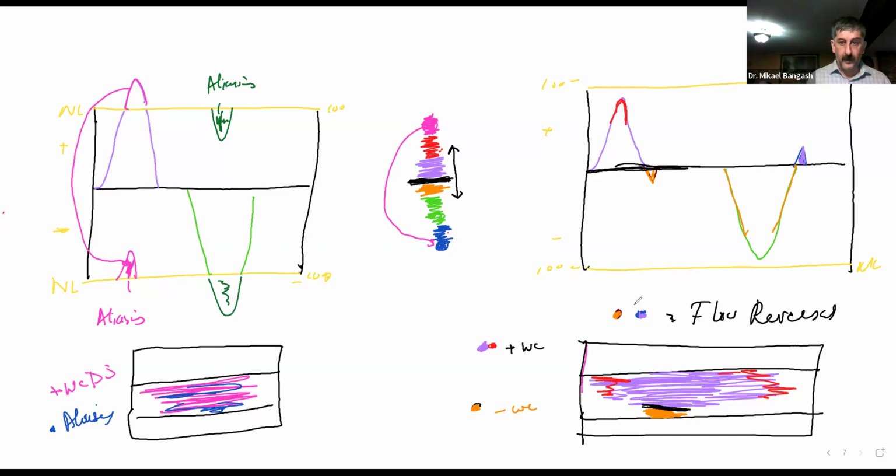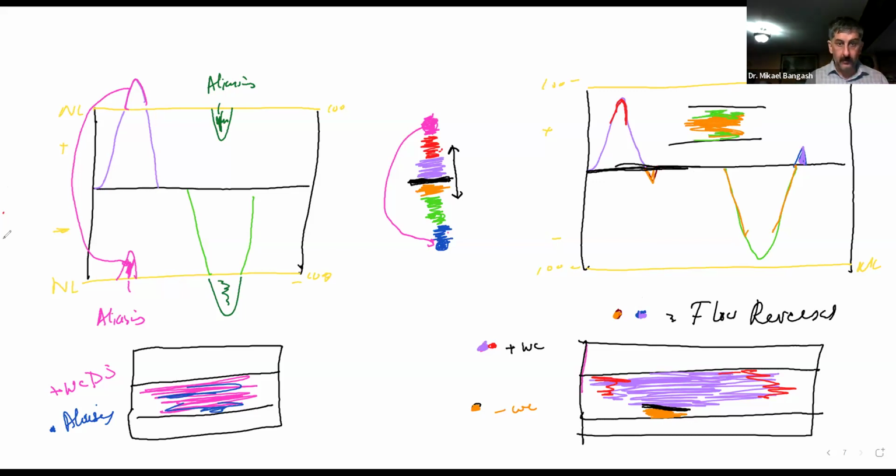So if you had a negative Doppler shift, the blood vessel could have been something like this. It may just be orange, but since we put the green on the graph, we can say, okay, so green.